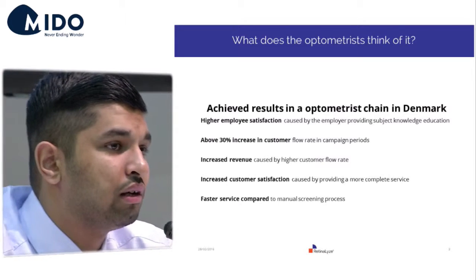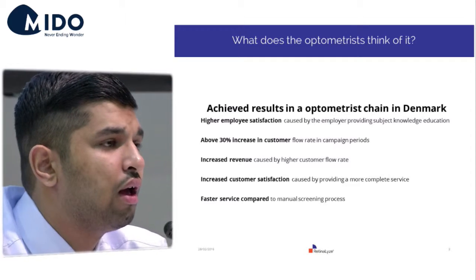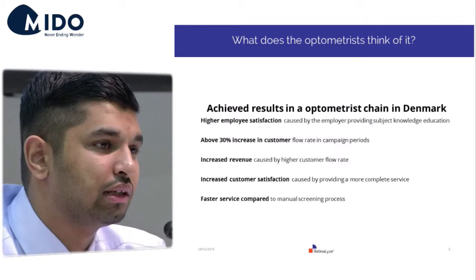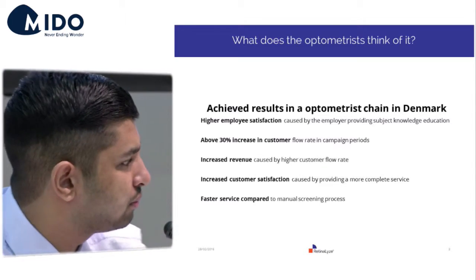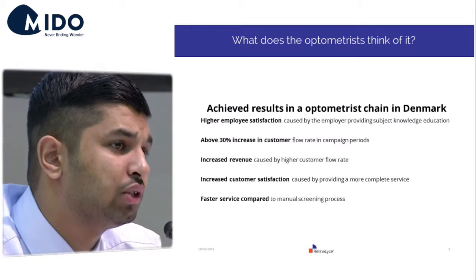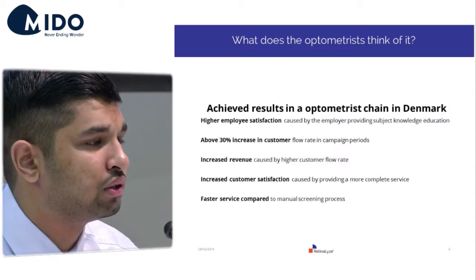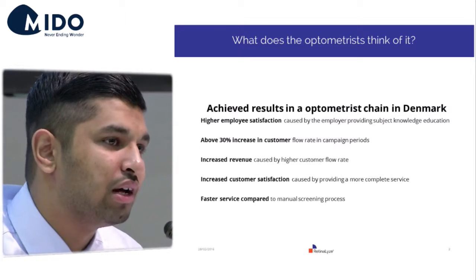We also see an above 30% increase in new customers who are loyal, that come in the store and also buy glasses or contact lenses, which means more revenue for the optometrist. We've seen increased customer satisfaction because it's a more holistic way of providing a service to your customer, and it's also a much faster service when you're providing an eye exam.